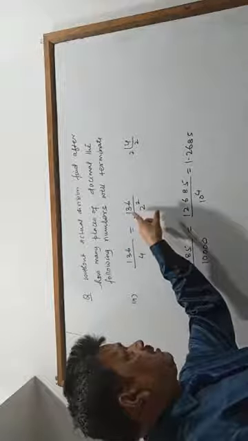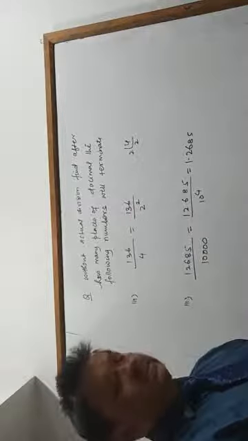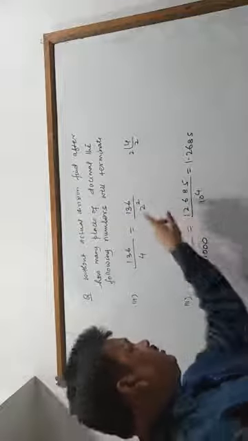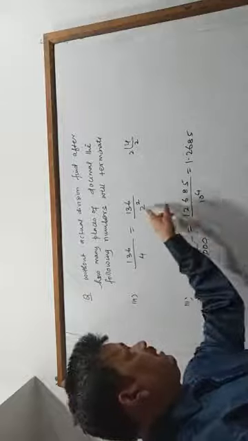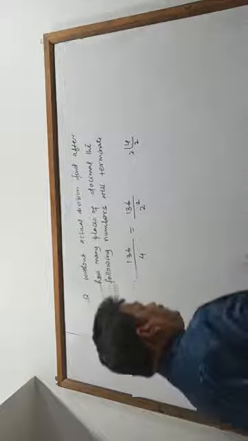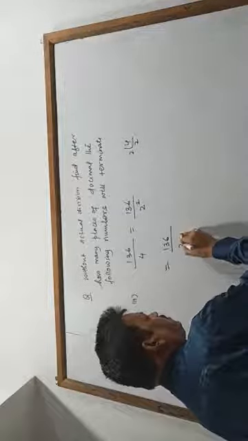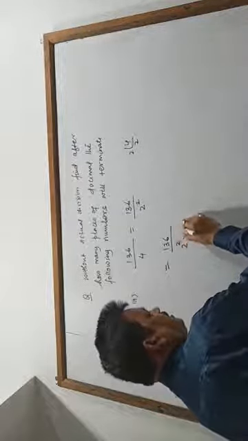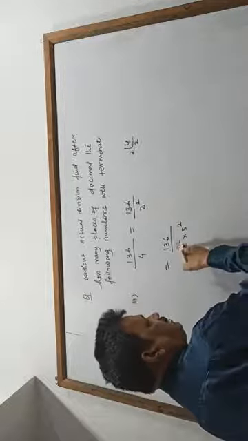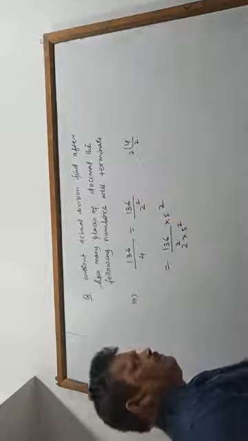But after how many places after decimal, how many places it will be? So for that you have to make it 10. How to make 10? Now you have to write like that. 136 by 2 square. So multiply 5 square. Same power you have to keep. Here you multiply 5 square.